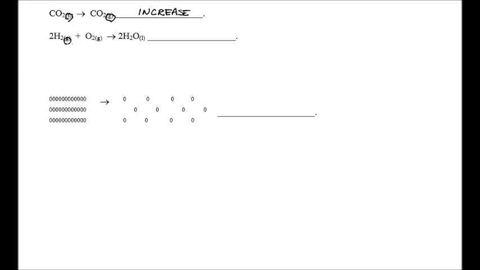Here we are going from a gas to a liquid, so your entropy will decrease. And here we go from order to randomness, so the entropy will increase. And that is it for lecture 2.